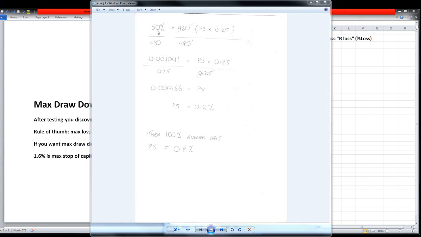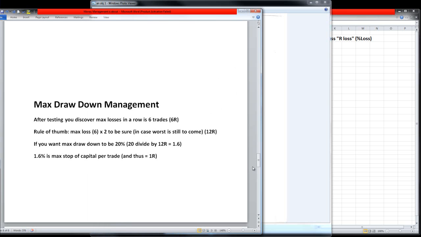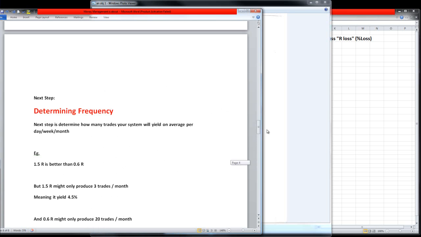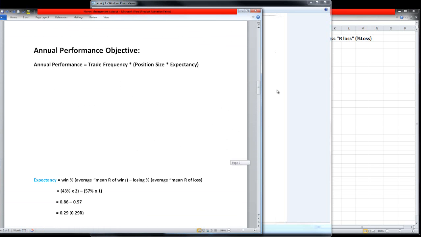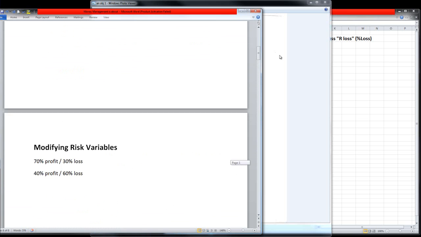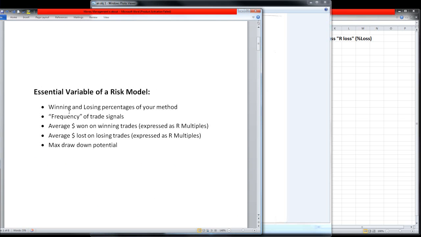And I hope that's starting to make sense, and this is all starting to plug in together now. We're understanding all these figures of our risk model. Let me just scroll up to it again. We know our winning and losing percentage. We know our expectancy, average winner and average loser.